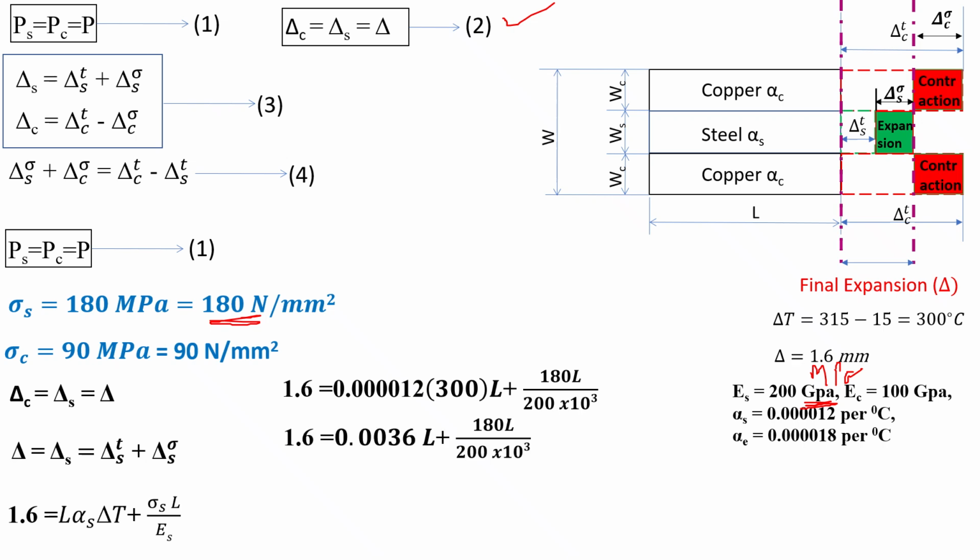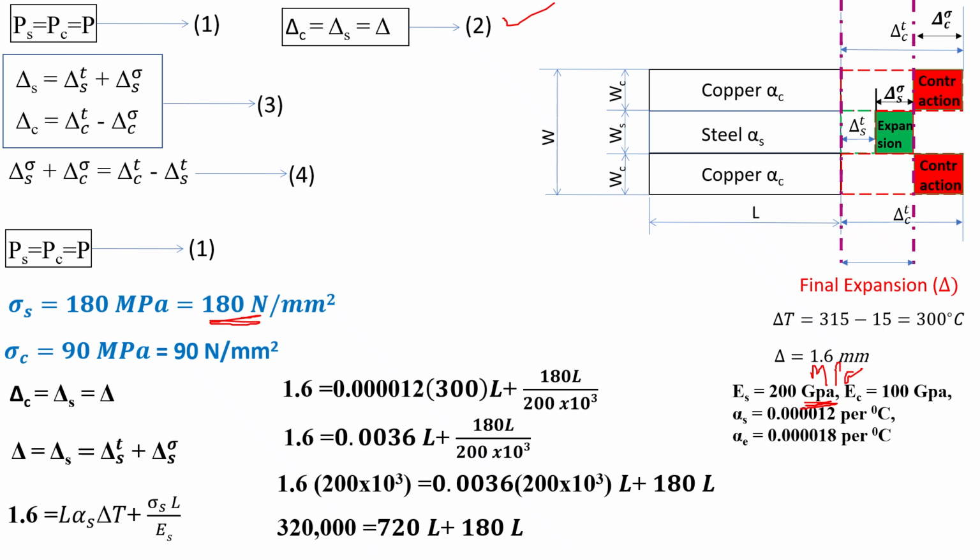Then this equation becomes 1.6 equal to 0.0036 into L plus 180 L divided by 200 into 10 cube. Here 200 into 10 cube is the LCM. So the equation becomes 1.6 into 200 into 10 cube equal to 0.0036 into 200 into 10 cube into L plus 180 L.